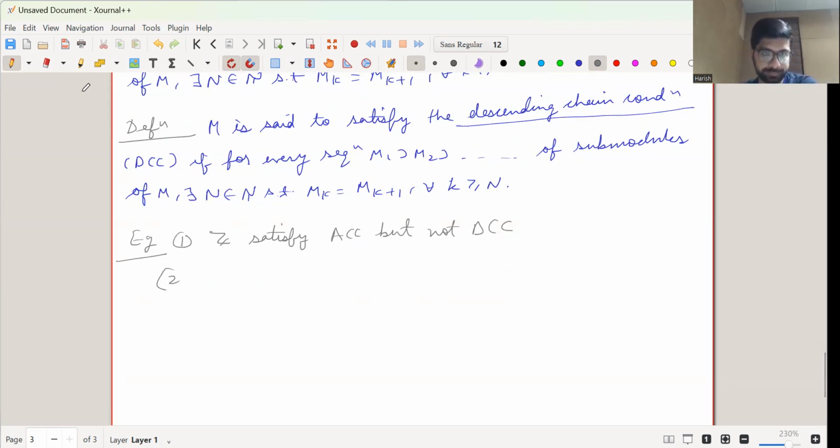Second thing is the module Z(p infinity).